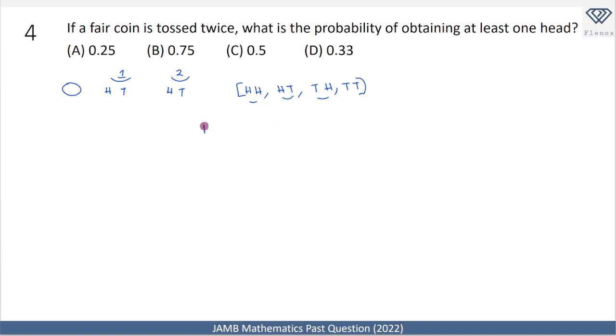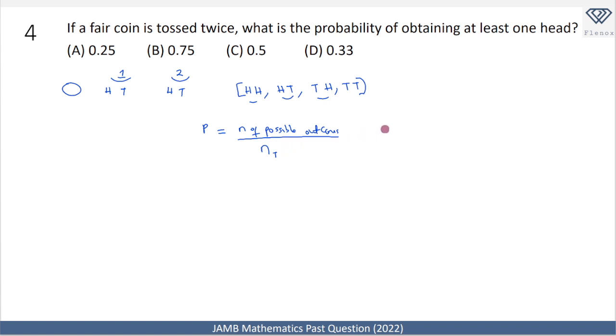Now, we know that the probability of at least one head will be equal to the number of possible outcomes over the total number of outcomes.